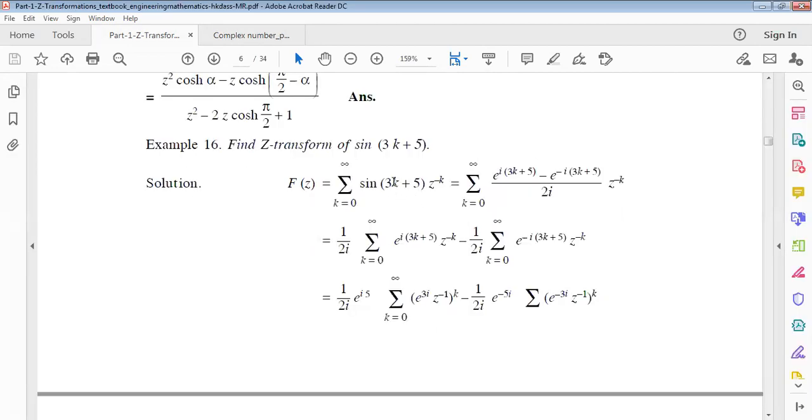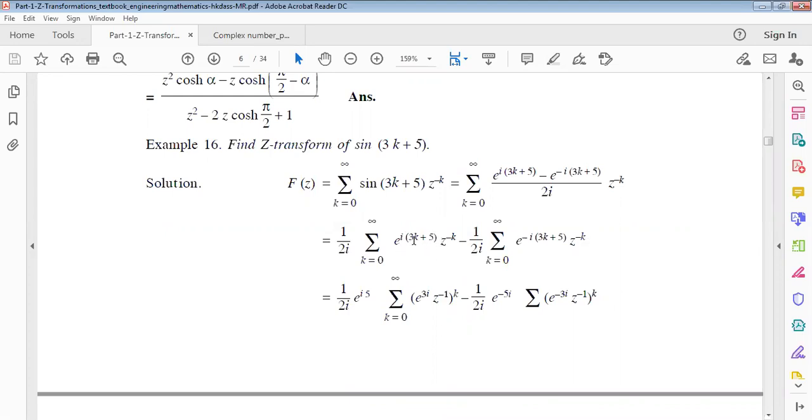So the angle theta means 3k plus 5, multiplied by z to the power minus k. Multiplying with the first and second terms, we get two series individually. The first series will be the sum for k equals 0 to infinity of e to the power i(3k+5) z to the power minus k, and the second will be minus 1 by twice i, the sum for k equals 0 to infinity of e to the power minus i(3k+5) z to the power minus k. Now separating the constants e to the power 5i and e to the power minus 5i, we can write e to the power i3k times e to the power 5i.